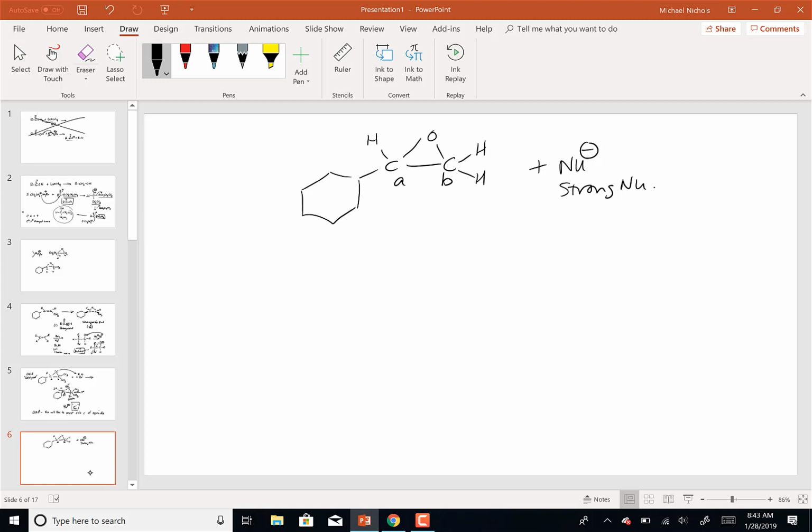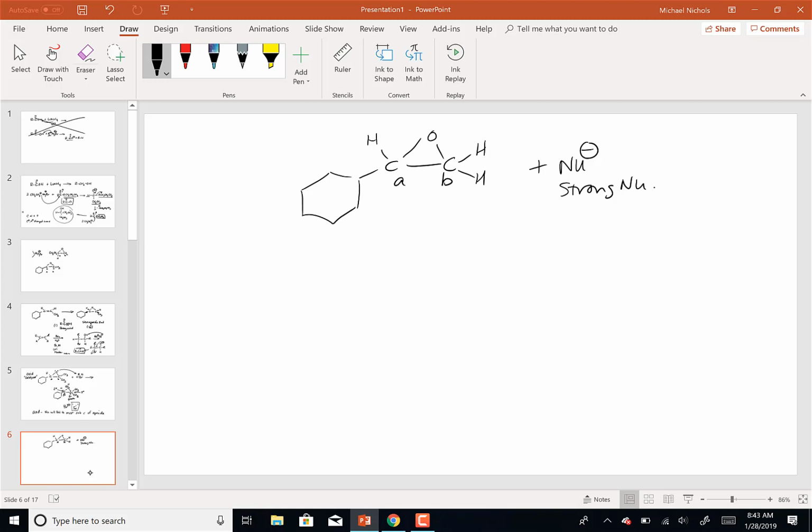B. Okay, so if the positive charge added to the more substituted, this one's going to add opposite, so B. Okay. That's logic. Whether it's the correct logic or not, we'll get to, but it's logic. And it kind of makes sense, right?